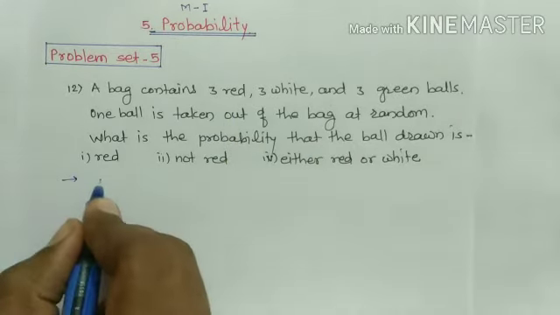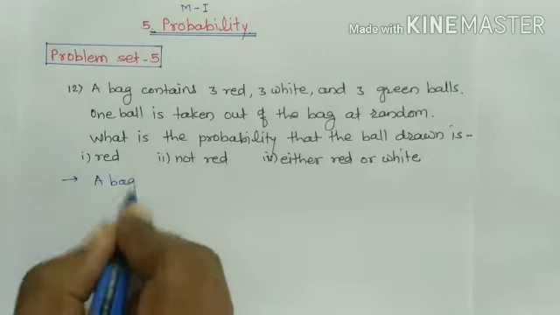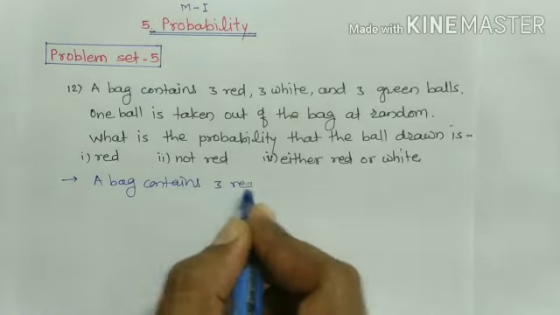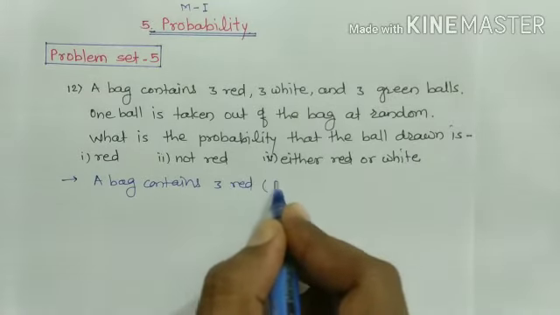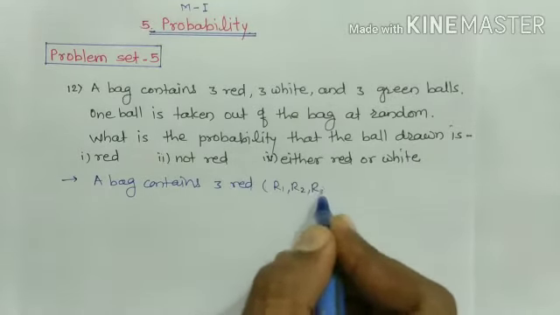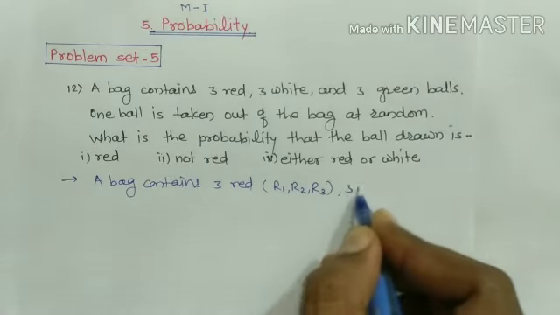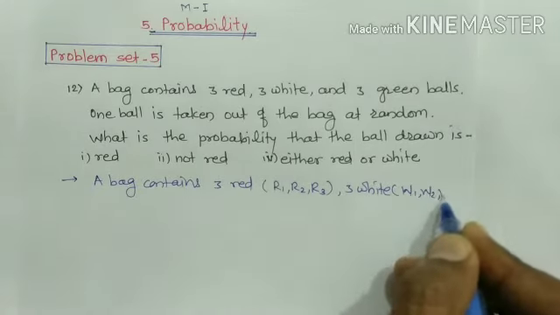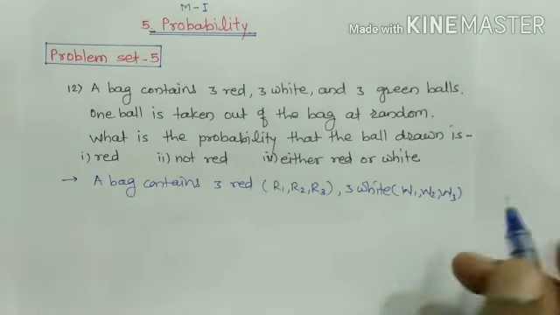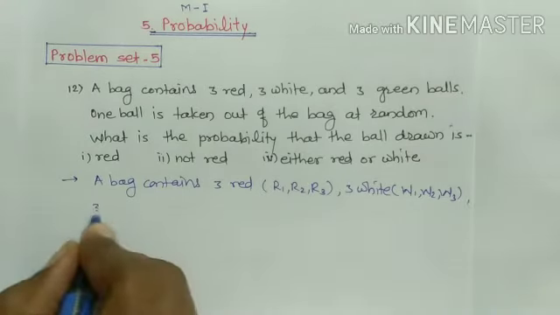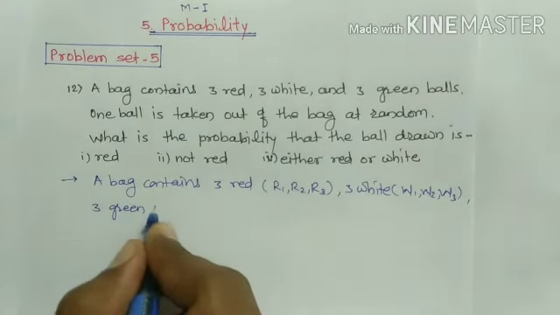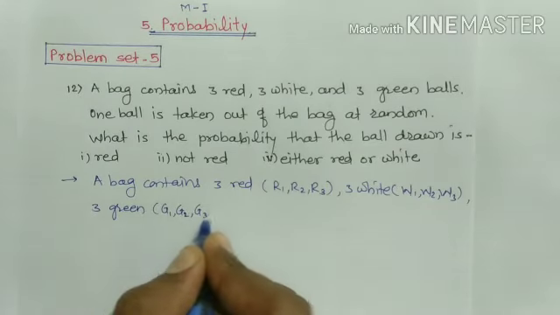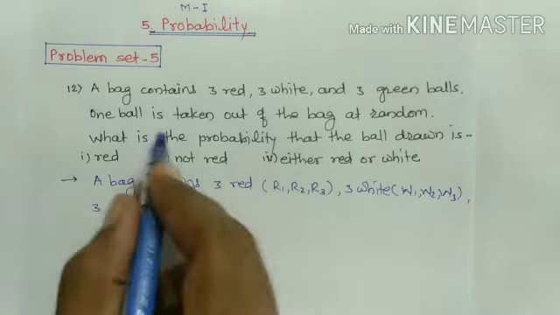First you write a bag contains 3 red, say R1, R2, R3. Then 3 white, say W1, W2, W3. Then 3 green, say these are G1, G2 and G3. One ball is taken out of the bag at random.